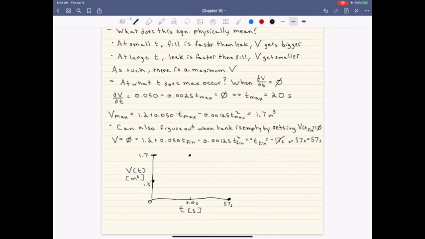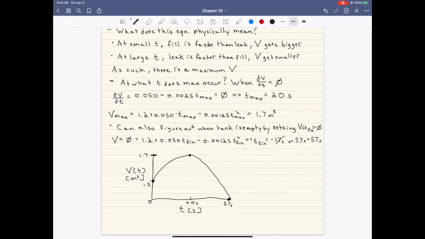It's empty. Okay? And so if we want to sketch the behavior of V(t) as a function of time, we just need to connect the dots. Our V(t) equation is a quadratic equation, so we kind of know what a quadratic equation should look like here.